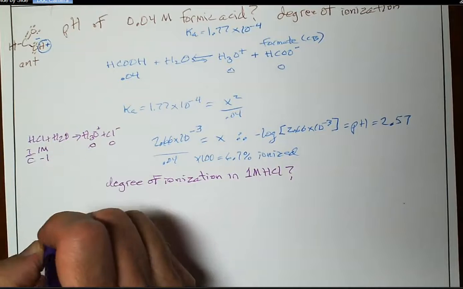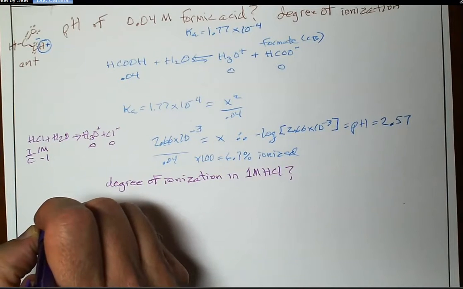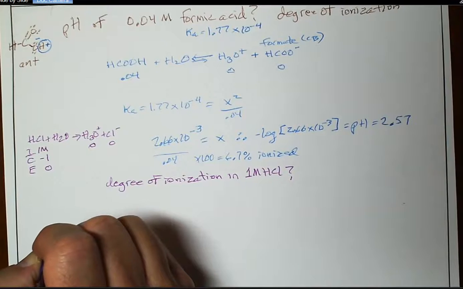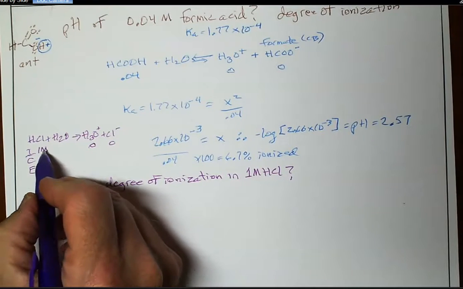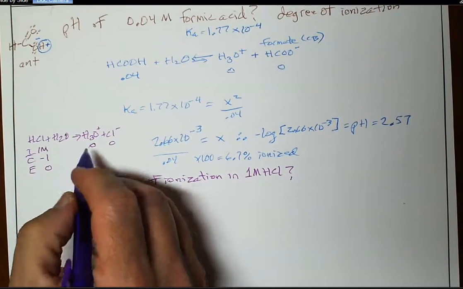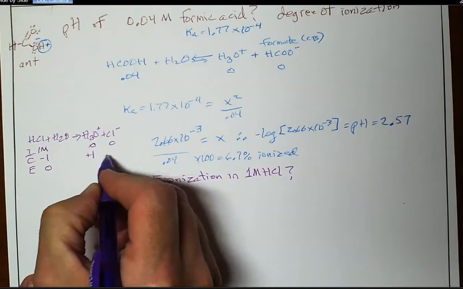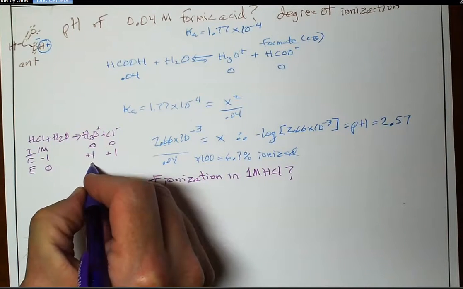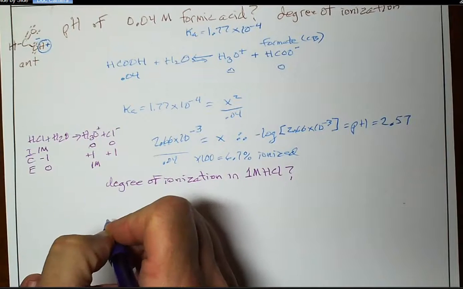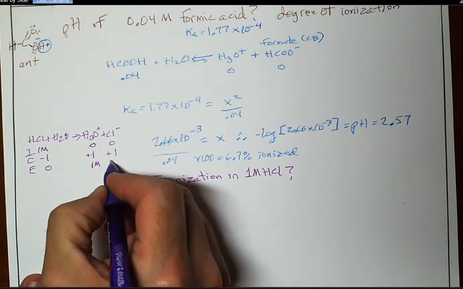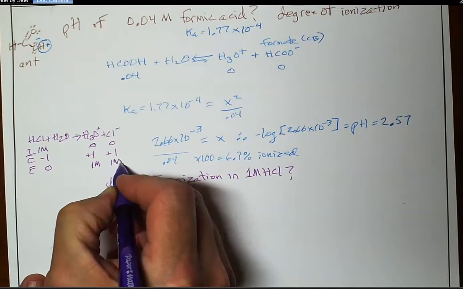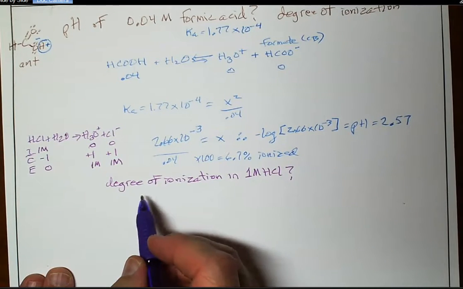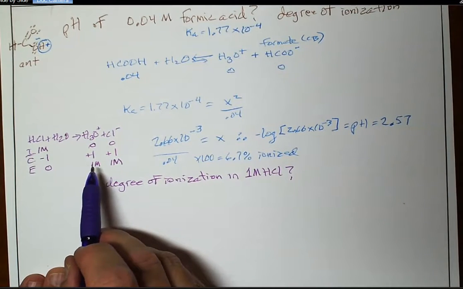The answer is every bit of it. So how much of it is left at equilibrium? 0. So if this goes down 1 molar, this goes up 1 molar, and this goes up 1 molar. So how much hydronium is there? 1 molar. Yes, there's 1 molar chloride too, but we don't care. We're worried about hydronium. All right, you with me?